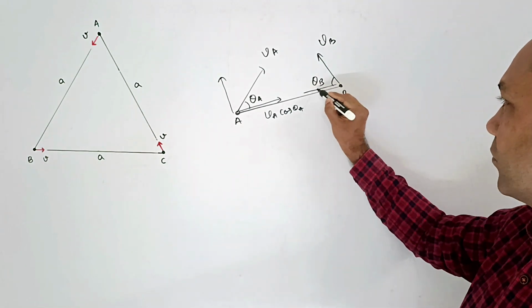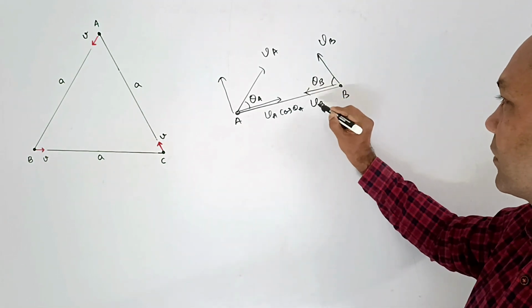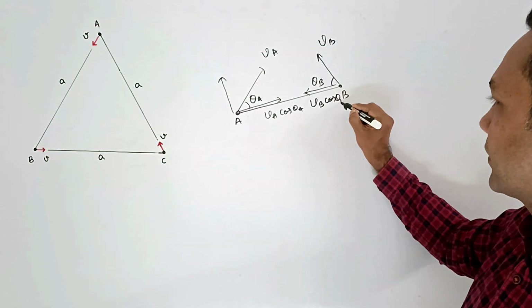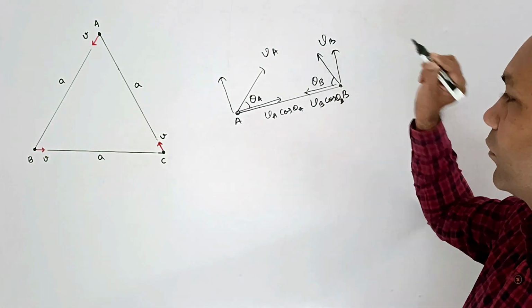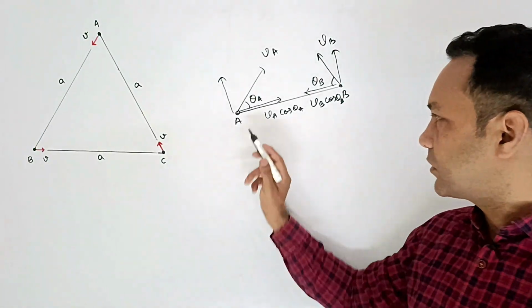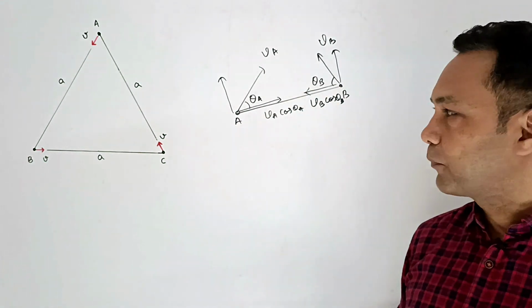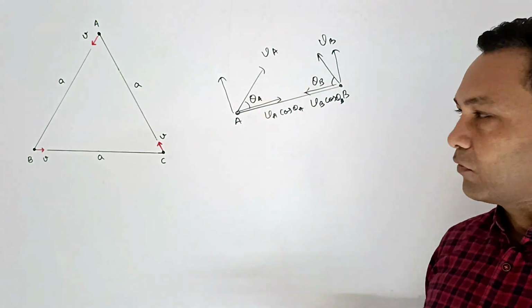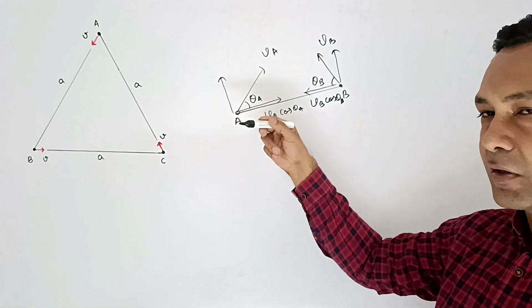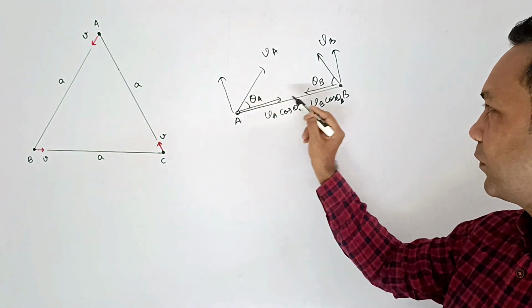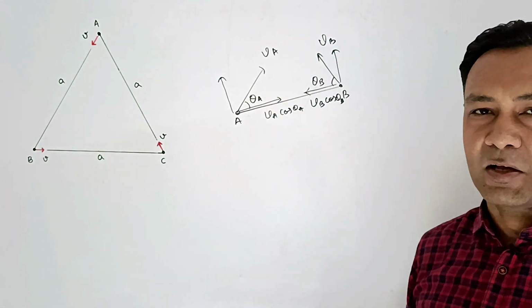In the same way, this component of velocity is VB cos theta B, and this component I am not bothered about.